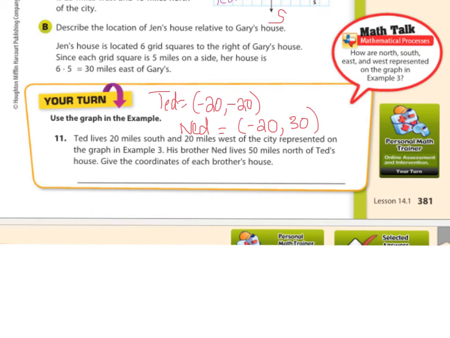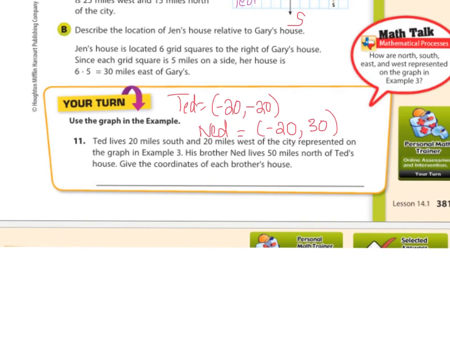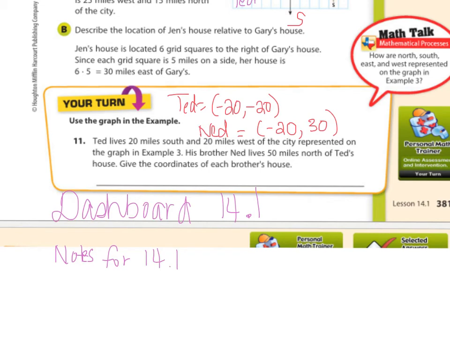Okay, now I need you to go ahead and do the dashboard assignment. Dashboard 14.1. Yes, it's for a grade. So in my grade book, I'm going to have notes for 14.1 and then dashboard 14.1.